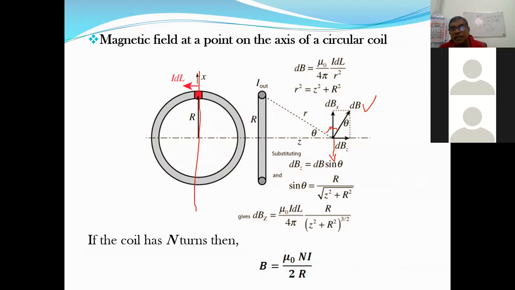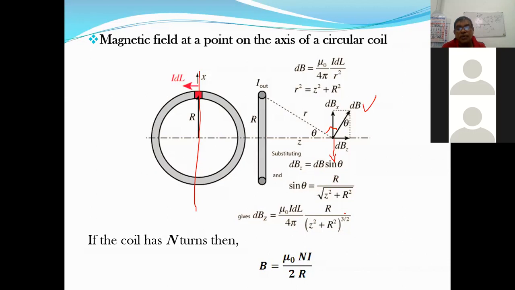The perpendicular part will cancel out when you are considering the whole circular loop, right? So in that case, we can write down the sine theta. This is the expression for the sine theta, r divided by the square root of z squared plus r squared. So after substituting this, it will be equal to this one. So then dBz is representing this, right?